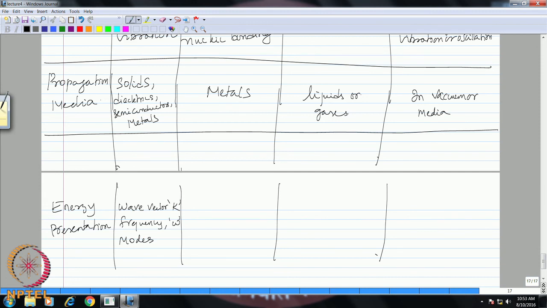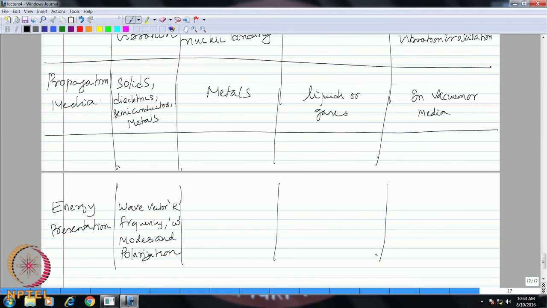Classification of phonons, you can have acoustic modes, optical modes, longitudinal, transverse. So, these are all waves, again waves which have to be represented into particle nature. Okay. So, modes and polarizations, because if you talk about waves, again electromagnetic waves or any waves, you have polarization, direction becomes important, right.